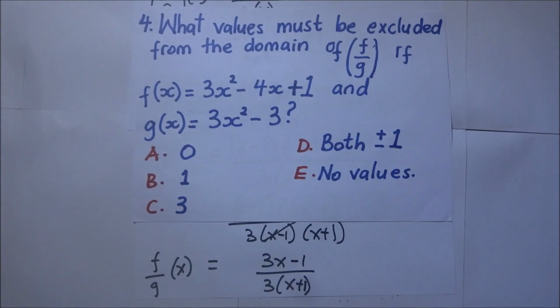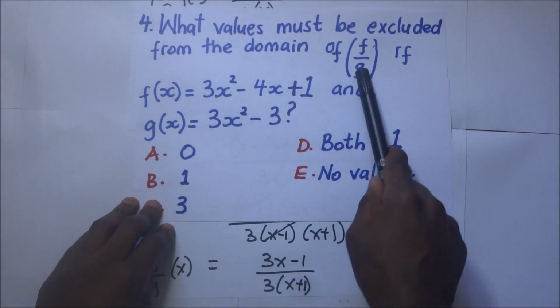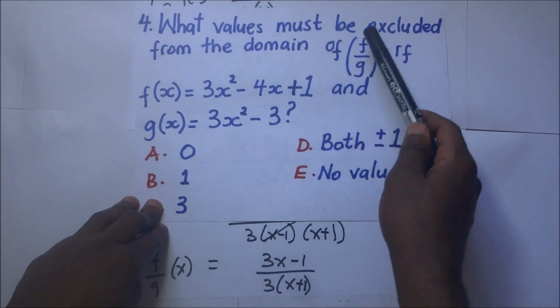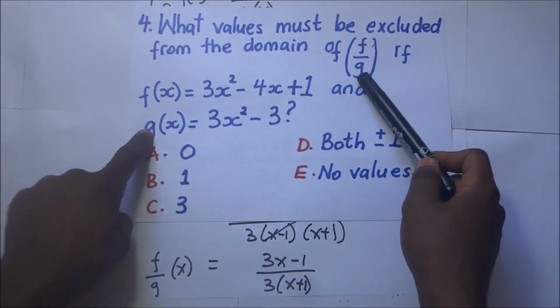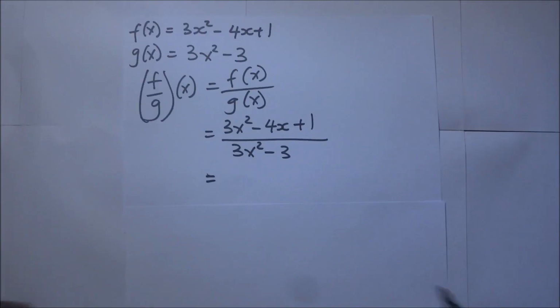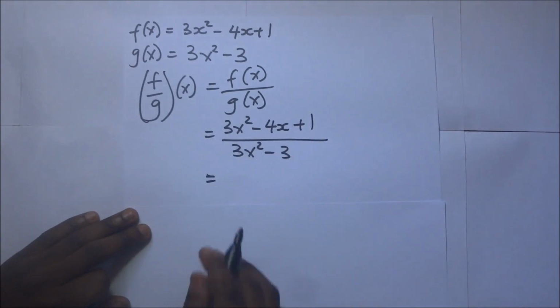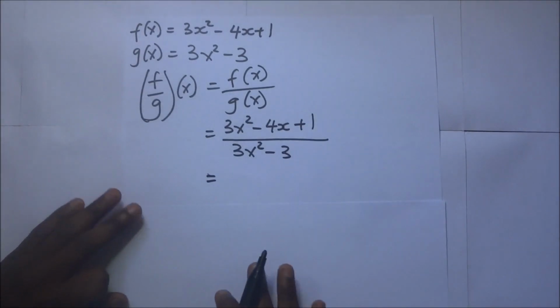What values must be excluded from the domain of this quotient f over g, if this is divided by that? Or from this quotient, whereby the function f is that and the function g is given by that. So we'll go ahead and factorize this quadratic expression. Now I'm not going to go into the details of factorizing this expression.